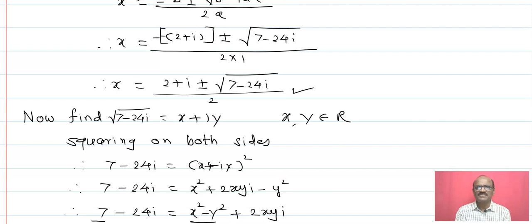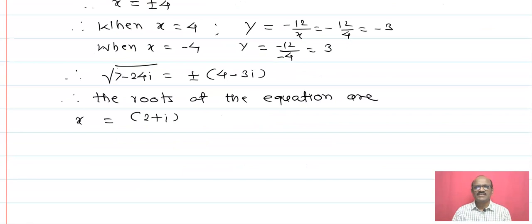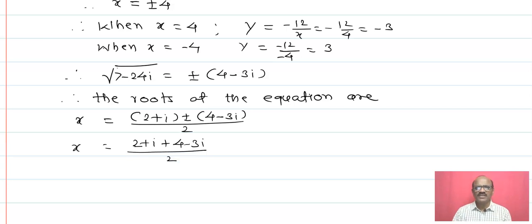I am changing here. Now see this, that is 2 plus i plus or minus root of 4 minus 3i, and now simplify this. That is 2 plus i. Once you take the plus sign and another you will take the minus sign for 4 minus 3i.